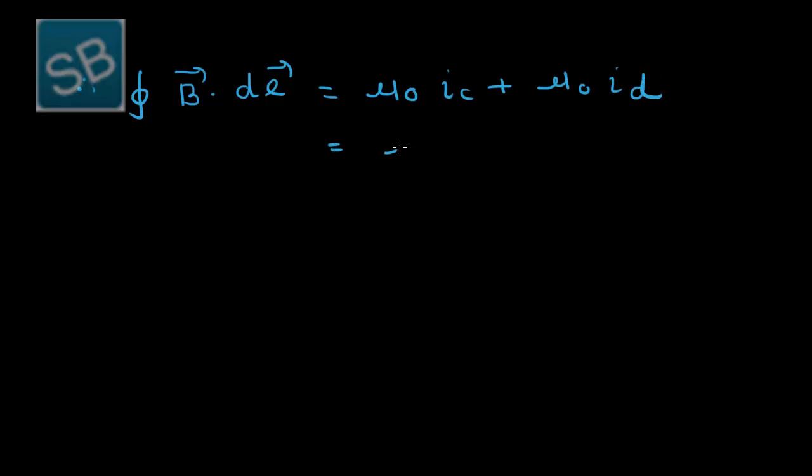And so the equation will be closed integration B dot dl is equal to mu 0 I_C, and the second term is mu 0 I_D, so it is mu 0 into (I_C plus I_D).